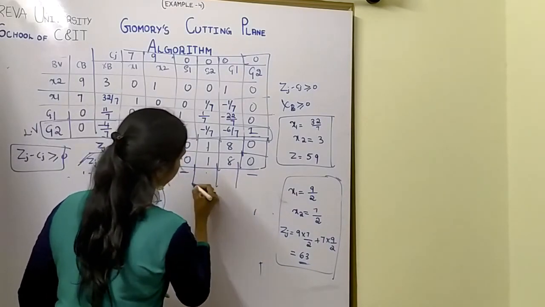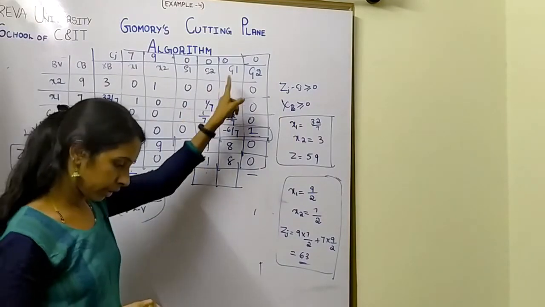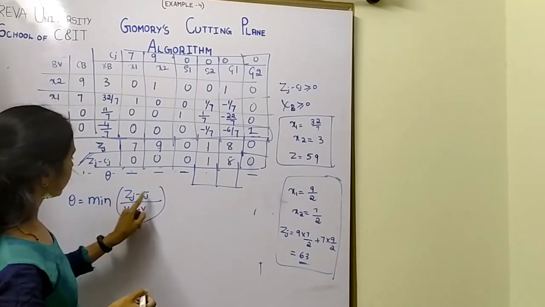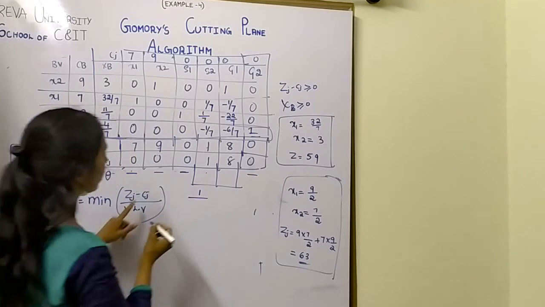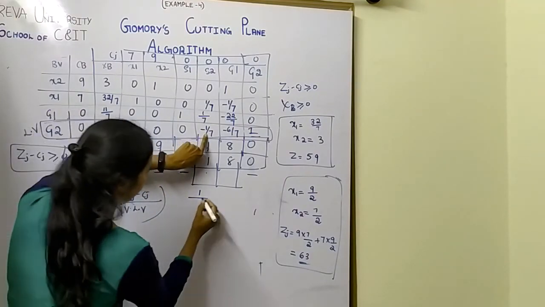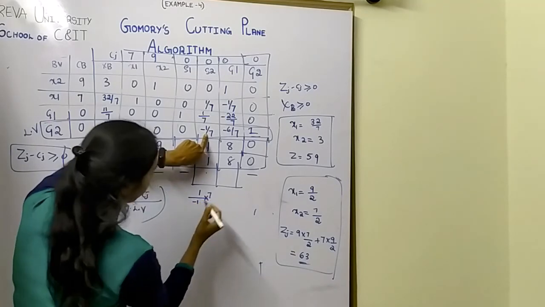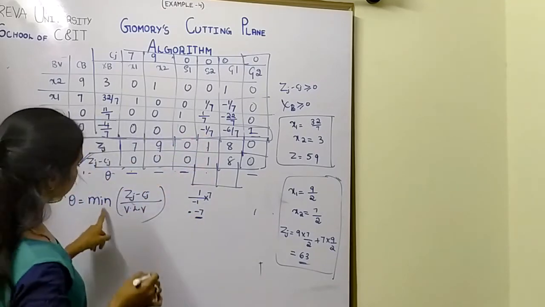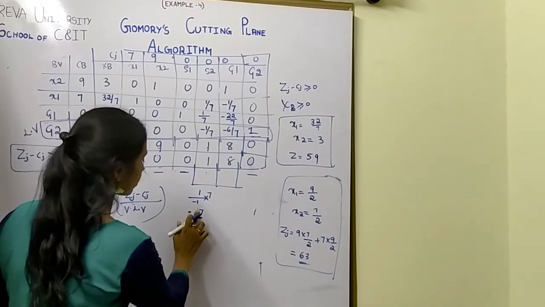Only we have to find out the theta value for the S2 row and for the G1 row. So Zj minus Cj value is 1 divided by the value in the leaving row, minus 1 into 7. So you will get minus 7. We won't be considering any signs here. This will be 7.